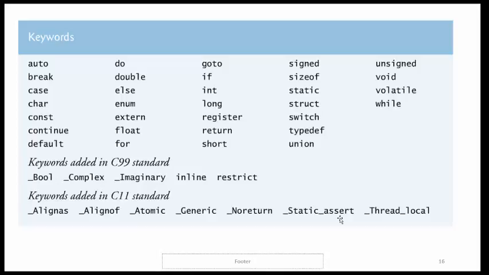Also, the data types, like char, or our double, are data types, but they're keywords. Float is a data type, but it's a keyword. You cannot name any of your variables with these words.